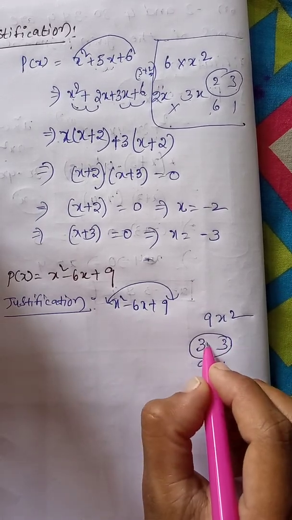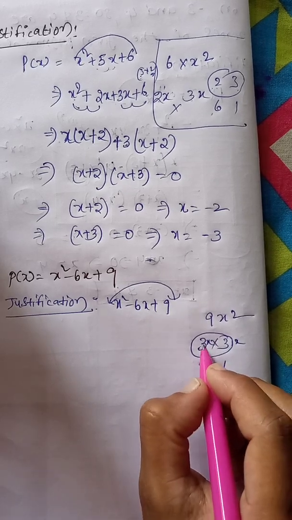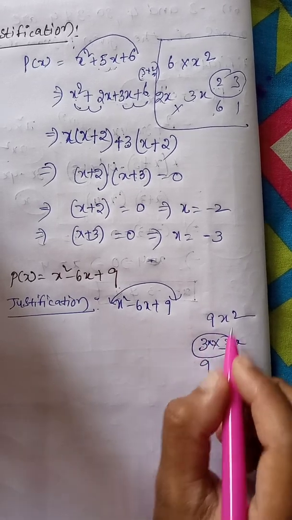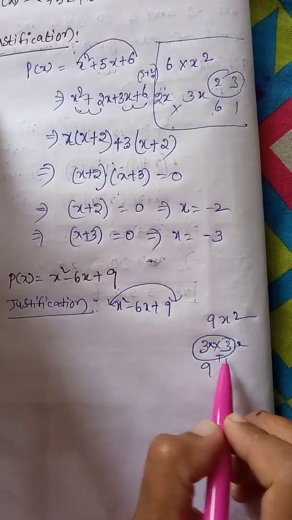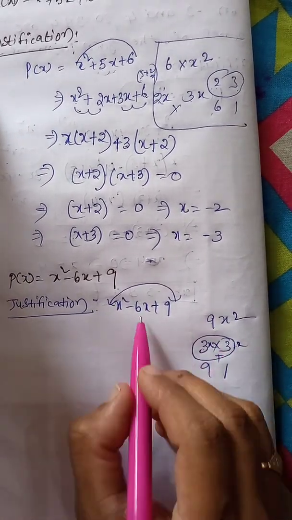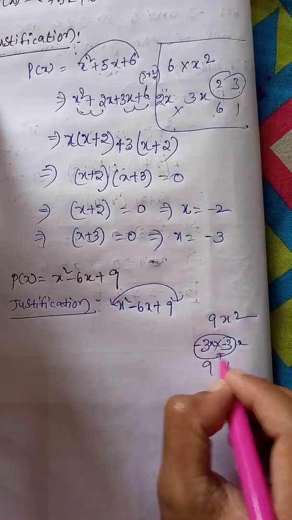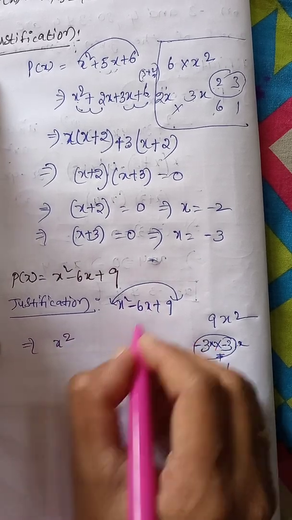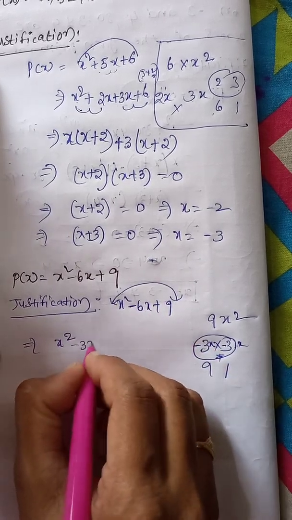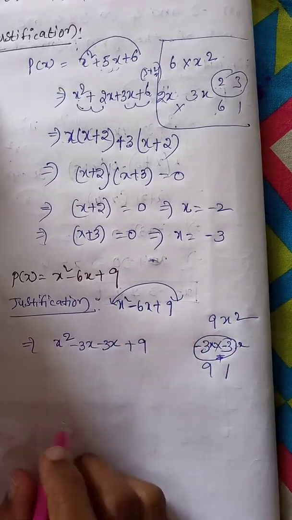So we can write it as, here the x square, 1x for this, 1x for this. If you multiply 3 into 3, 3 3s are 9, and x into x is x square. If you add 3 plus 3, that is 6. Here we have a negative symbol, so put a negative symbol for both these terms. So now we can write x square minus 3x minus 3x plus 9.